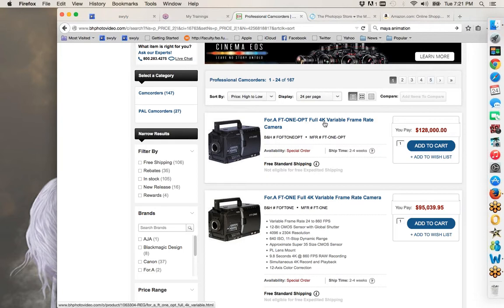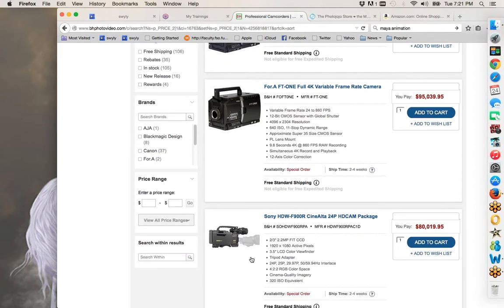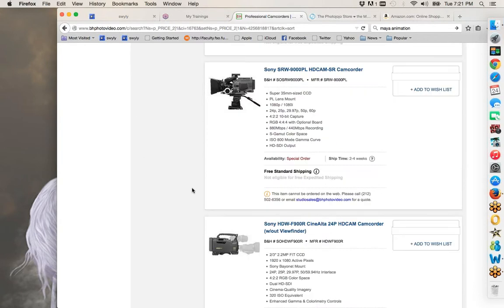You notice this one says 4K. Does anybody know what 4K is? 4K is a new video system that's just coming out, and it will be taking over from HD in a few years.